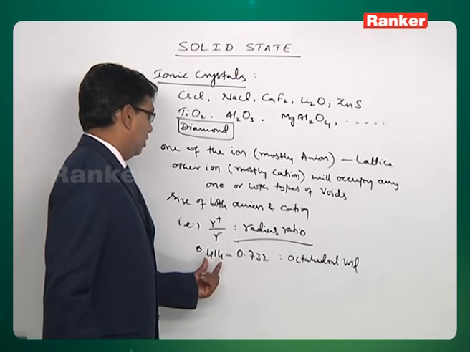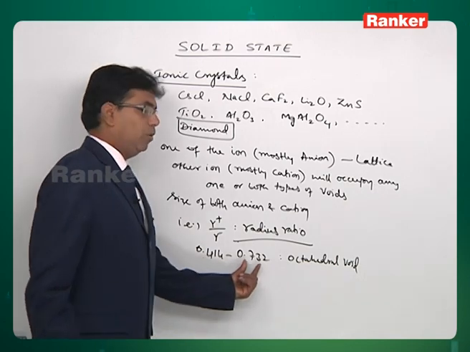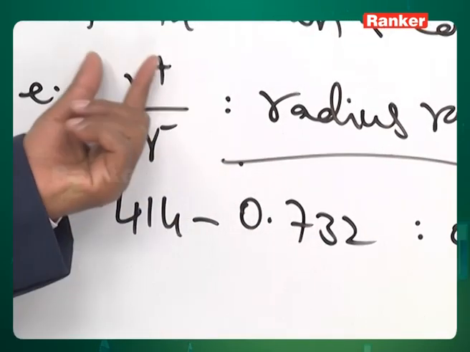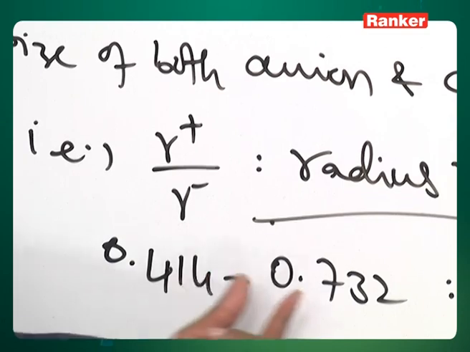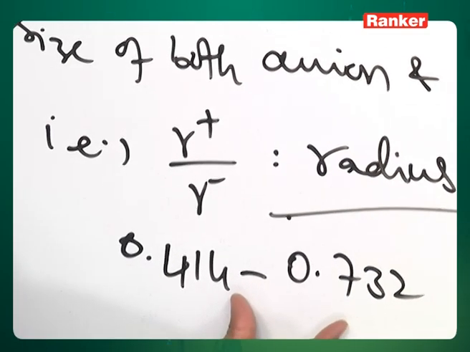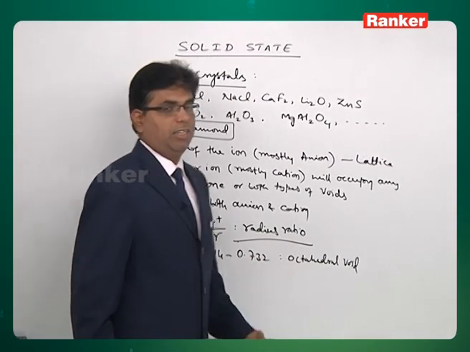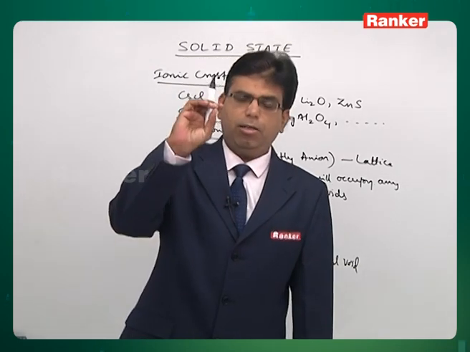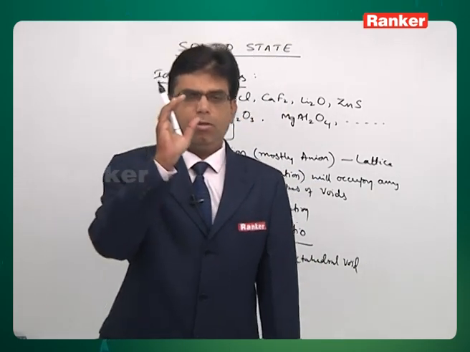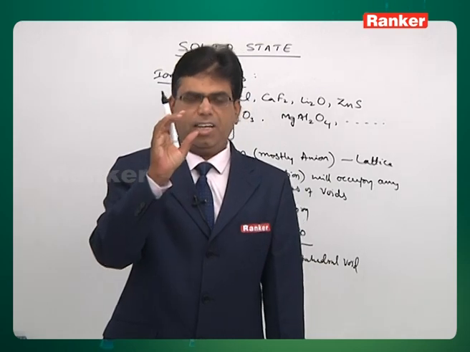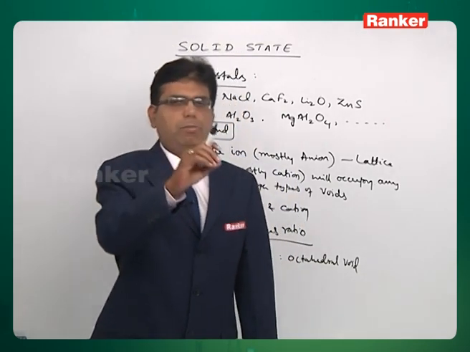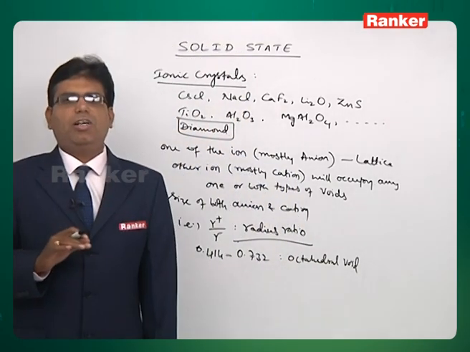That means if the ratio of the radius of cation to anion lies between this range, then the hole that is formed is an octahedral hole. So, the other ion will occupy that. I mean, the size of that cation is sufficient to occupy that particular octahedral void.